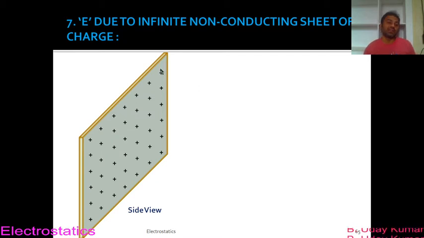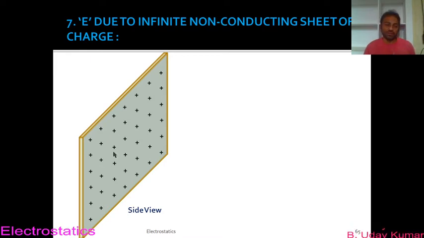So you can see here, right? There is a sheet here. This is a sheet. Okay. And let us assume that its dimensions are infinite. Its length is infinite, its breadth is infinite, and so on. This is called a sheet, right?